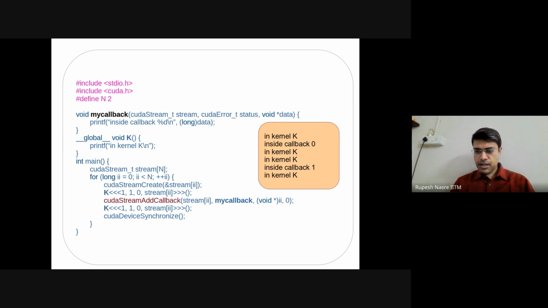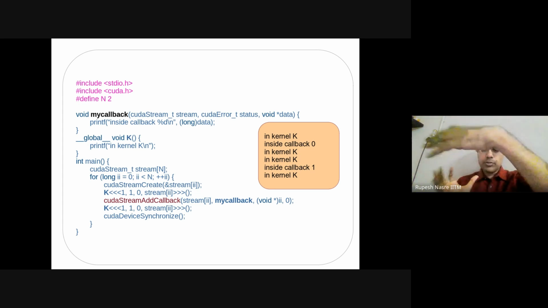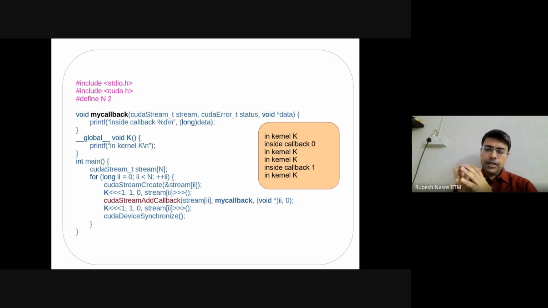Message callbacks here are just to add order to the stream. No, the order is already there in the stream. It's more to do with the fact that the CPU is just going to push the elements into the queue, all these kernels in different order and so on, into one particular queue. That order is fixed. But at some point in time, you want to execute CPU code.